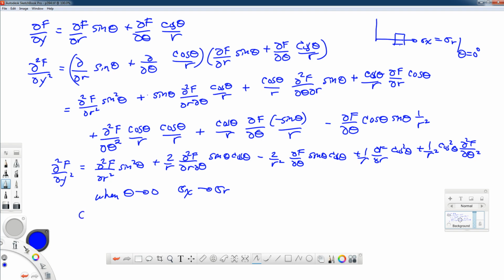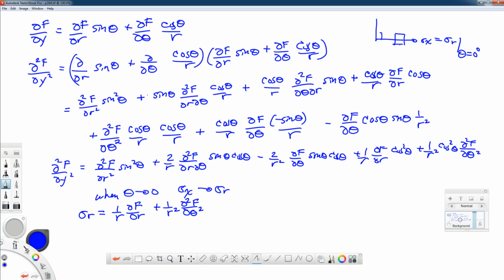So in that case, sigma r would be equal to, we take theta equals 0, and the sine of 0 is 0. We're going to be left with a couple terms: 1 over r, partial of f with respect to r, plus 1 over r squared, second partial of f with respect to theta twice.